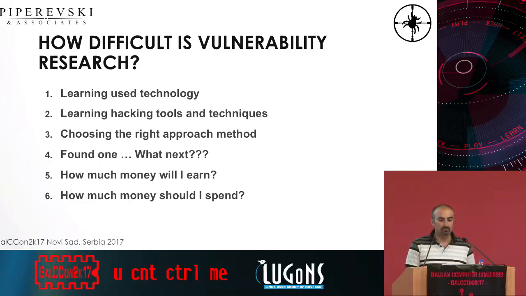So what's next? The next thing is how to justify the time you spend on vulnerability research. For example, if you work for a company and the company pays you a monthly salary, you need to justify your time: if you find a bug, how much money will you get from that bug?